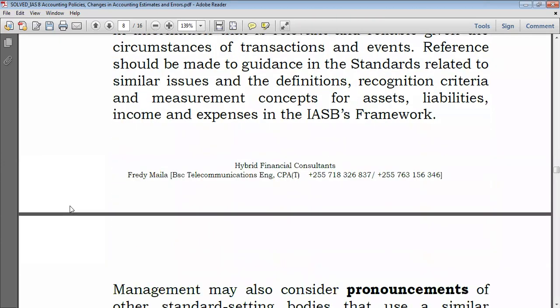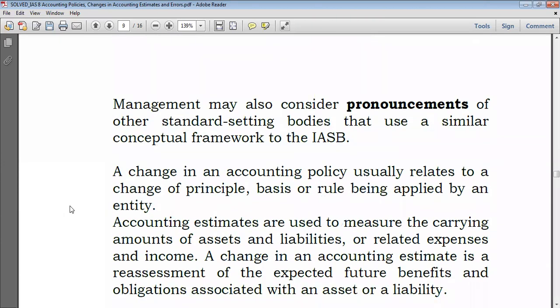But after dealing with judgments, lastly, we said that management could also refer or consider other pronouncements of other standard setting bodies. You could check for other standard setting bodies in the world and take a look on how they deal with such an event or transaction, and they could reach a solution. So it's just like this.